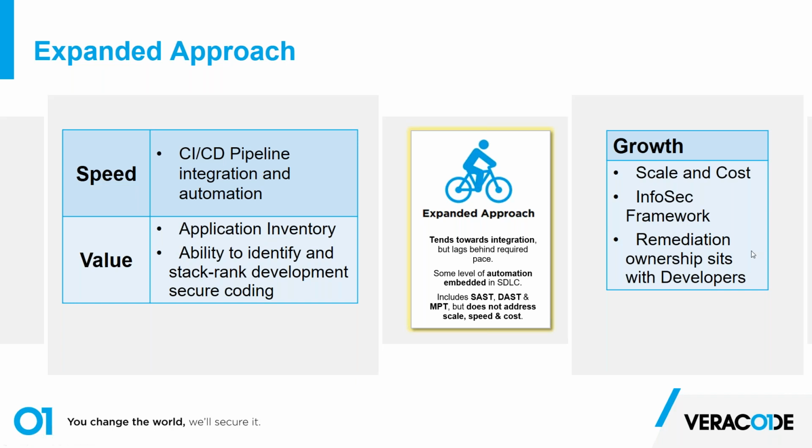You're starting to get a grip around some of the things that maybe you don't have control over, like how many applications do we have as a company, building those relationships with the teams that are responsible for tracking those. And then focusing on growth, scaling up this repeatable process that you have, maybe putting a framework in place and really driving remediation to the point where it's owned by the developers.